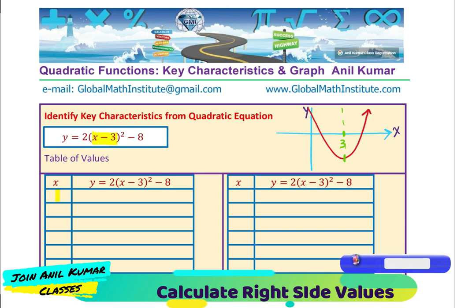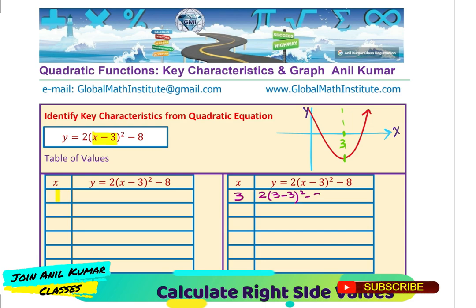For example, if I write value 3 here for x, then I'll substitute 3 for x. I get 2 times (3 minus 3) whole squared minus 8. Now 3 minus 3 is 0. When you calculate, you get 0 on this side and land up with minus 8. So you get this vertex which is at (3, minus 8). Makes sense?